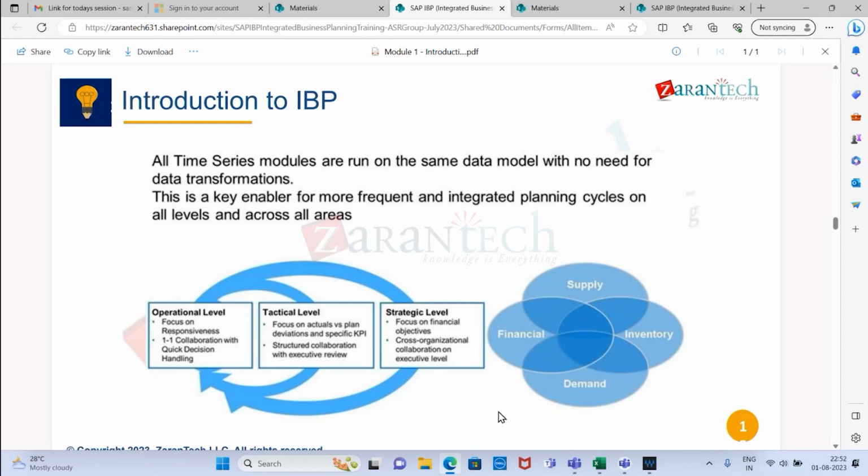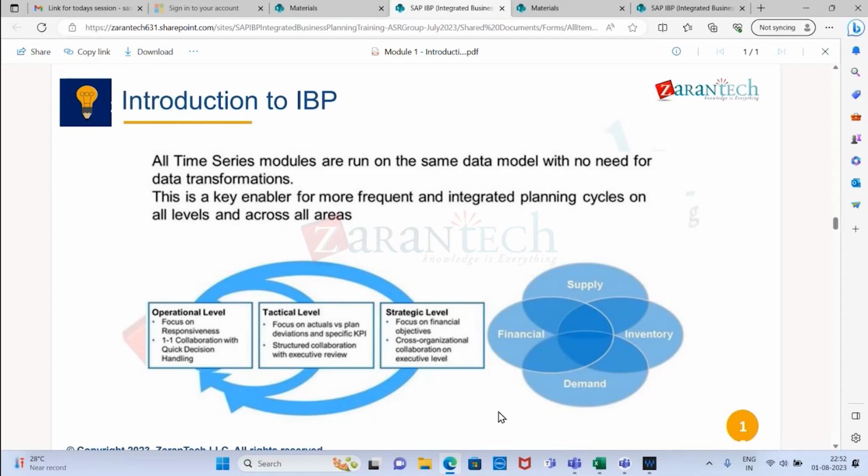If there are any issues with the KPIs, or any deviations with respect to plan versus actual, the tactical level team is supposed to communicate or collaborate with the operational level team and ensure that the problems are fixed. If the problems are not fixed and it requires escalation, the tactical level team is also supposed to escalate the issues to the strategic team, a level above them.